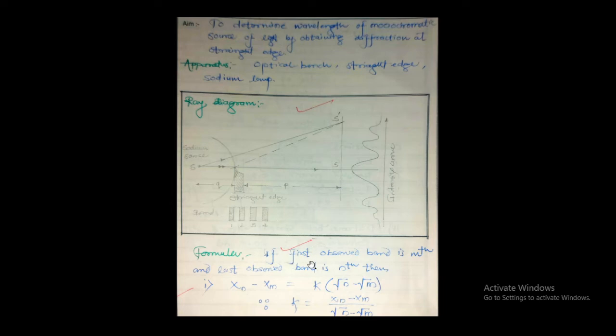Now, if the first observed band is the mth band and the next is the nth band, then we find the difference xn minus xm equal to k times root n minus root m, and hence we find k by the formula k equals xn minus xm upon root n minus root m.